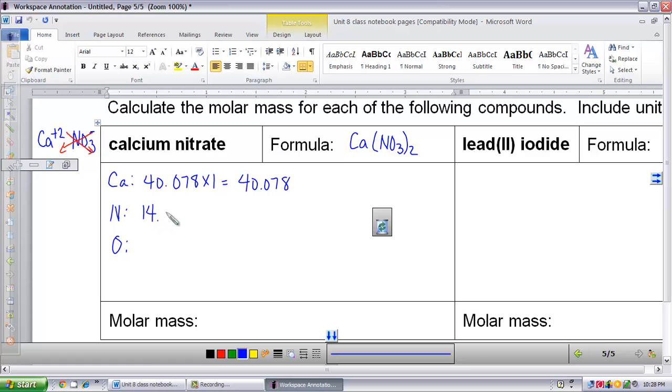Nitrogen has a mass of 14.007, but there are 2 nitrogens in this compound, so you have to double it. And then oxygen has an atomic mass of 15.999, and there are 3 in this ion, but there's 2 sets of them, so 2 times 3 makes 6.